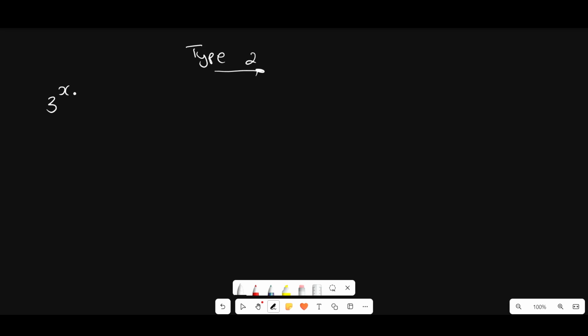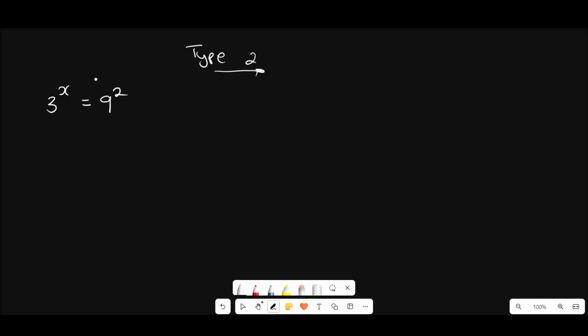Let's say on the left I have 3^x, and on the right we have a 9. So how can we solve for x in this case?